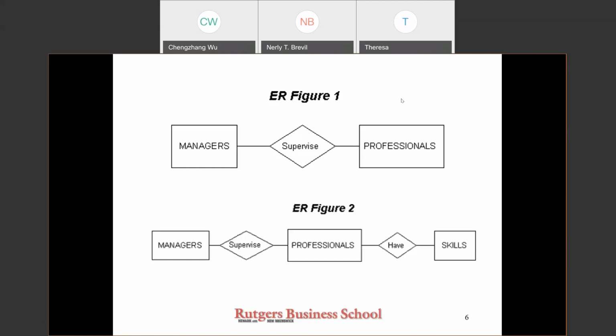So the initial ER diagram is modified to include a skill entity which is linked to professional entity via a have relationship. The modified ER diagram now captures information about another data item of interest, that is the skills of professionals.